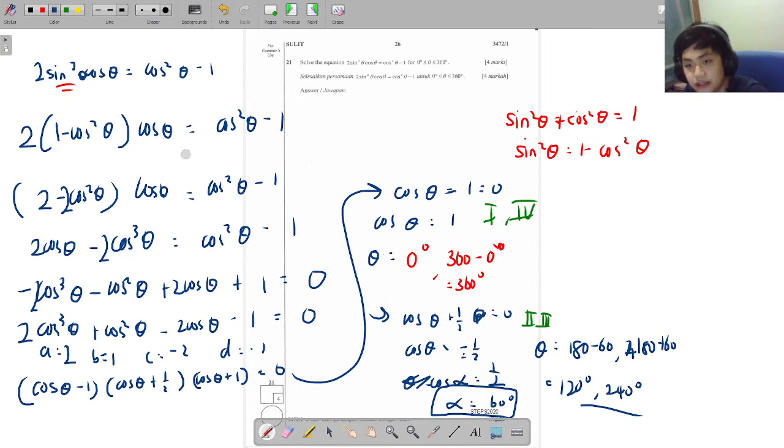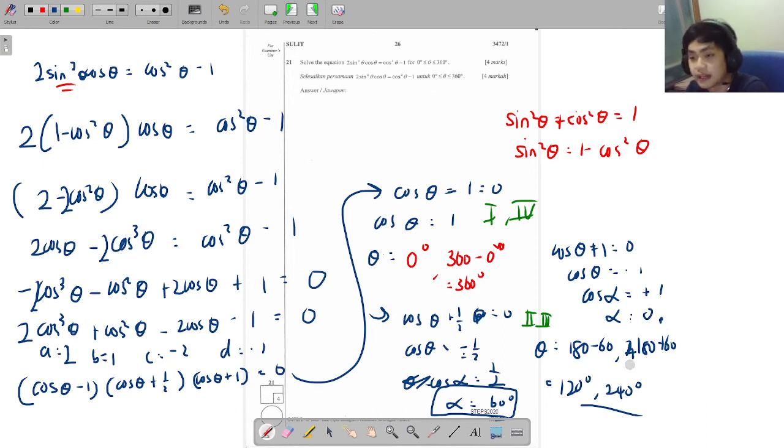From here, the last one, cos theta plus 1 equals 0, so cos theta equals negative 1. Find the basic angle first: alpha, where cos of alpha is 1, is 0. So the basic angle is 0.